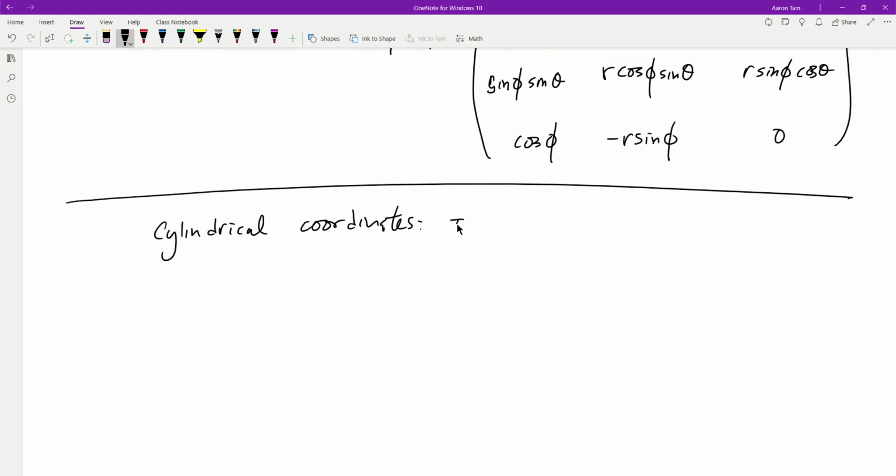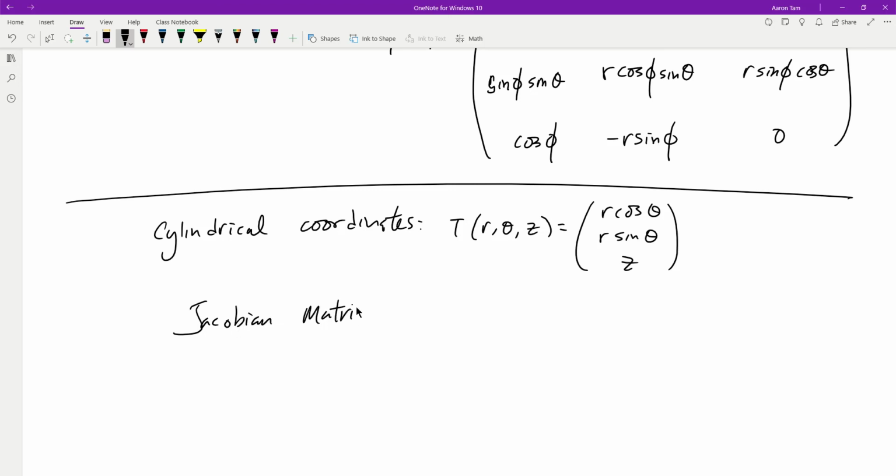So this is what the coordinate system looks like, and the Jacobian matrix is going to be T prime of r theta z, and that's just equal to this.